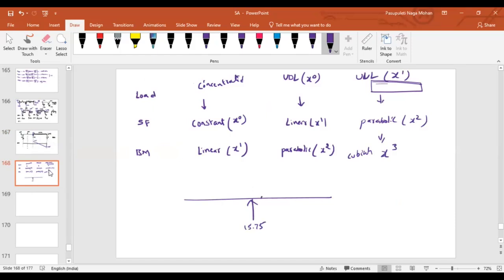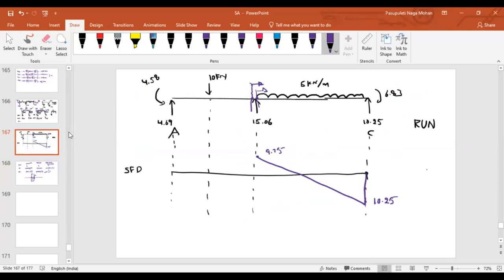You have to consider a point just to the right of the support, and one more point you have to take just to the left of the support. If you take the point just to the right side, this 15.75 will not come into the picture. But if you take this point and look into the right side, this 15.75 will also come into the picture. That is the difference that we will have at the intermediate support.